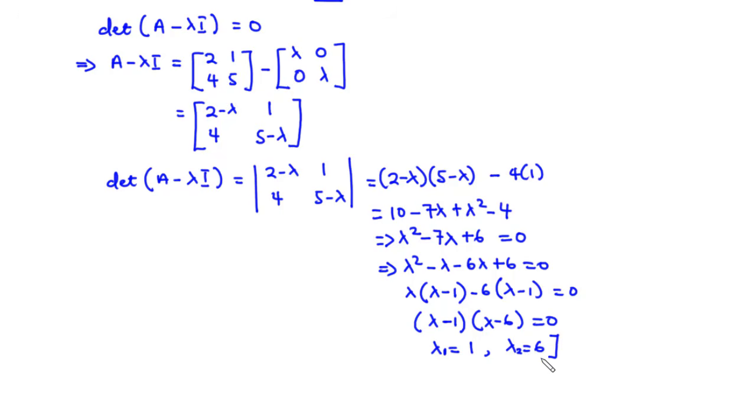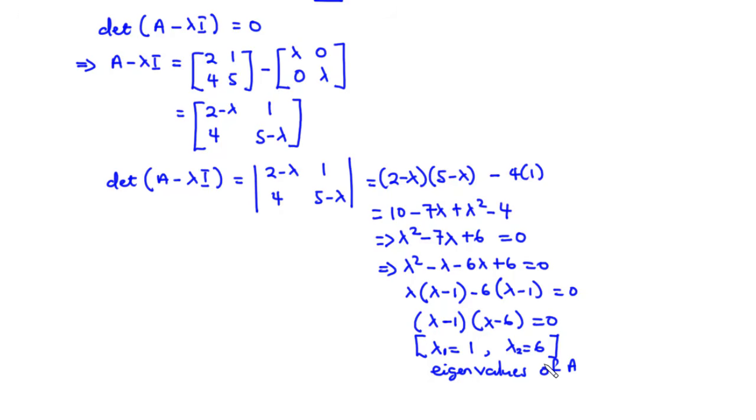So we have lambda 1 to be equal to 1 and then lambda 2 to be equal to 6, and these are called the eigenvalues of A.